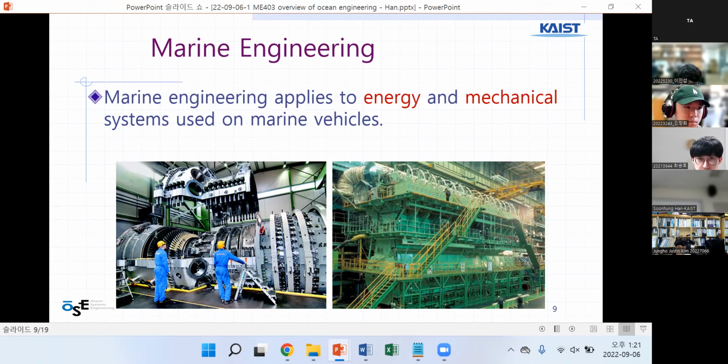So how tall can it be? 10 to 15 meters high. So big engine. How much horsepower can you imagine this engine can produce? 10,000. 10,000.